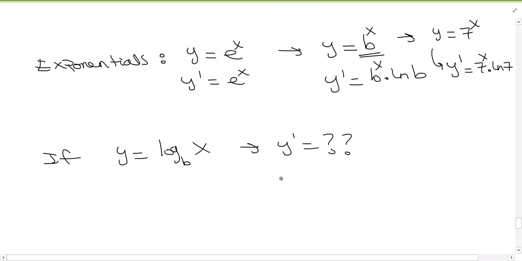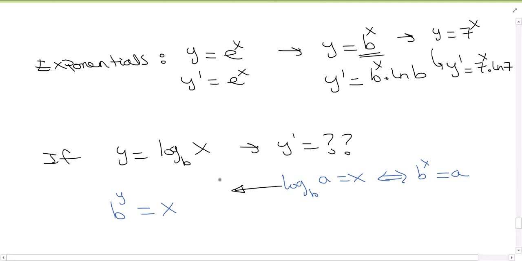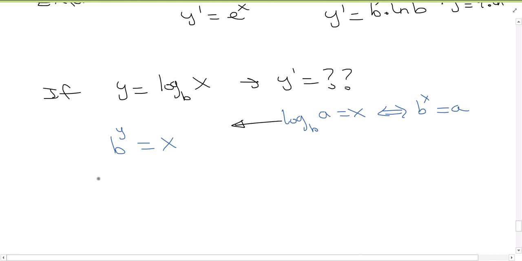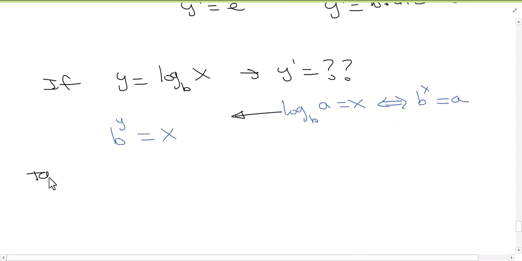So we're going to go back and use log base b of a equals x means b to the x equals a. And so here I'm going to have b to the y equals x. That's using the definition here. And now we're going to take the derivative of both sides with respect to x.